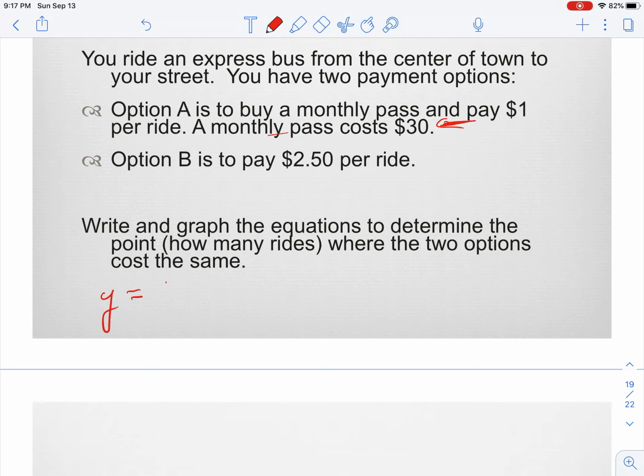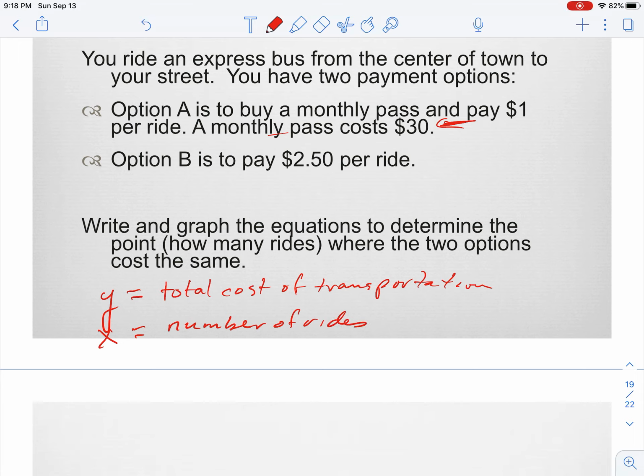Okay, what we're going to do is y is our total cost of transportation. x is going to be the number of rides.